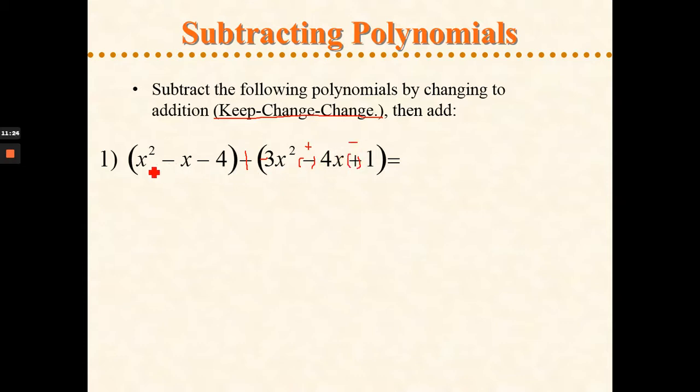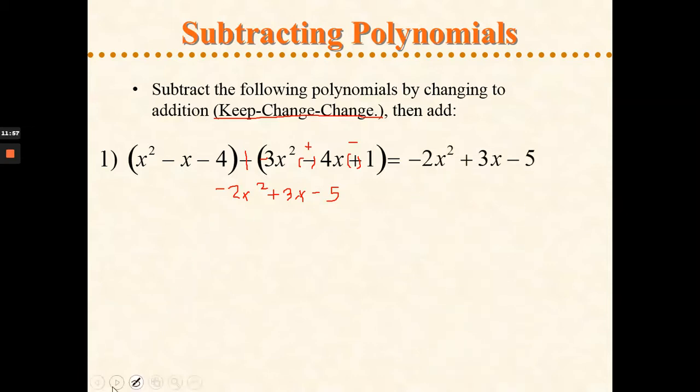And then you add. x squared plus negative 3x squared, that will be negative 2x squared. And then negative x plus 4x, that will be positive 3x. And then negative 4 plus negative 1, that is negative 5.